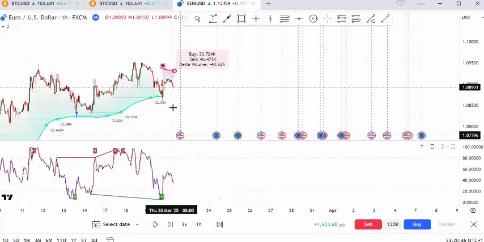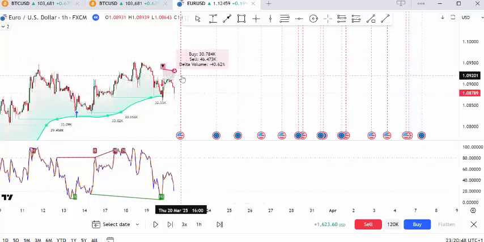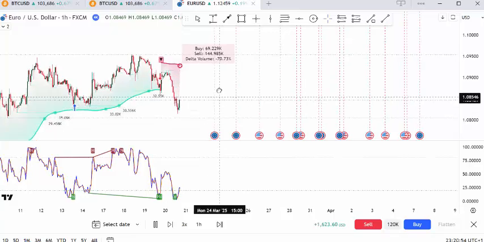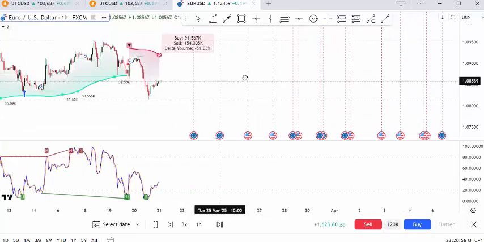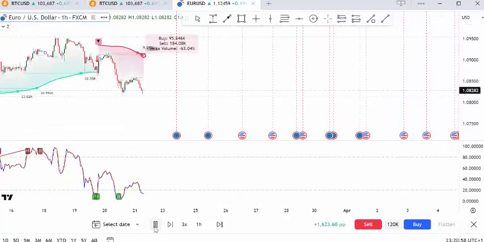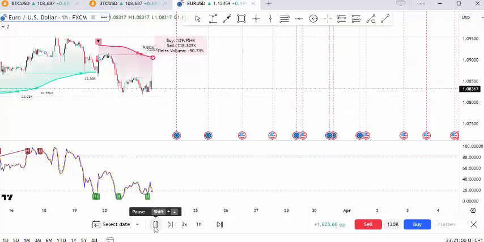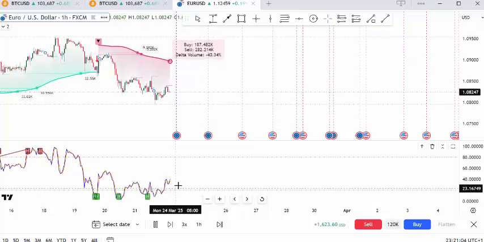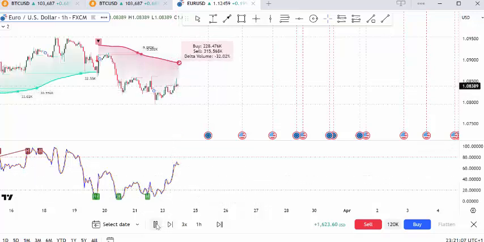Okay, so now we have a bearish setup right now. We have a bearish trend, so we're going to be looking for the bearish divergence right now. Okay. We wait. This is March.